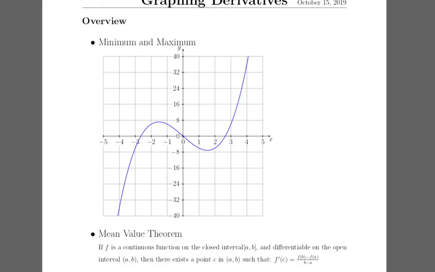Let's see. So today's topic, we're going to talk about graphing derivatives. As a general overview, we're going to be talking about minimum and maximum, or as we call them, extrema. I'll also lay out some definitions for things such as inflection points and concavity.